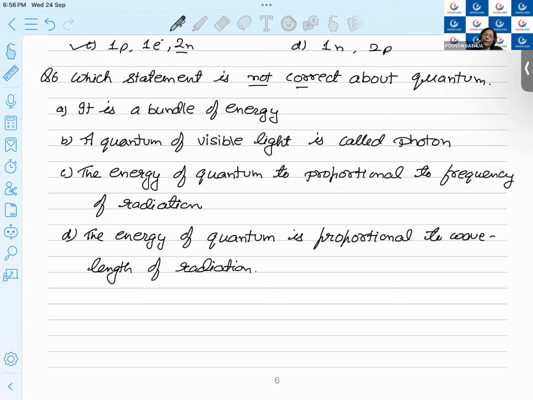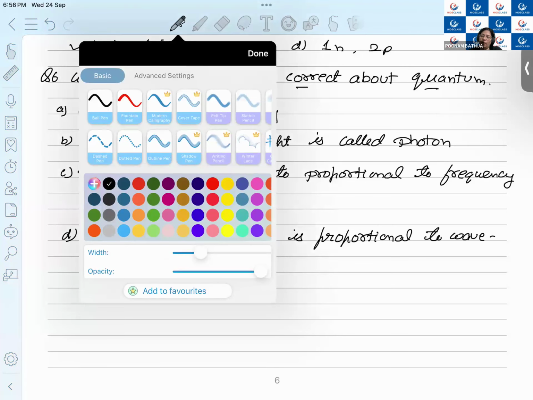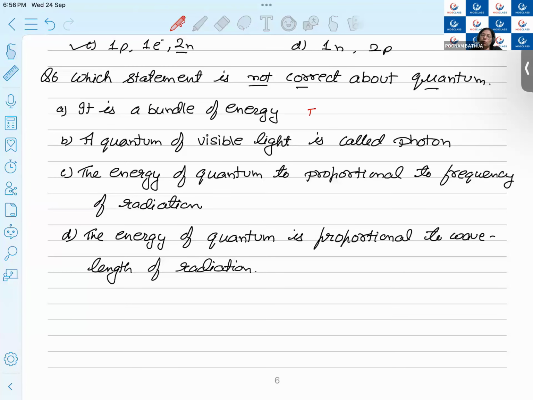He is asking not correct, meaning we have to find the false statement. Quantum is a bundle of energy, that's true. Just mark it in this manner. We need not read it again because it will take our time. A quantum of visible light is called photon. This is also true.